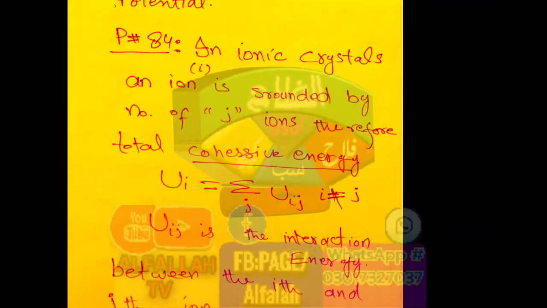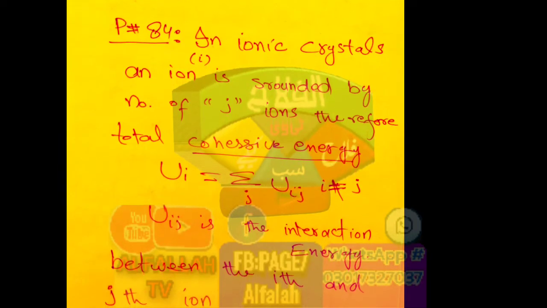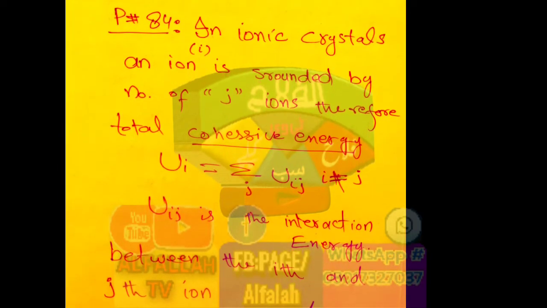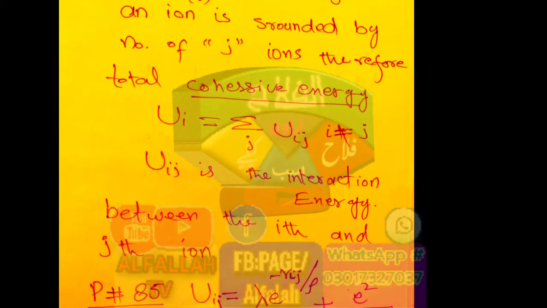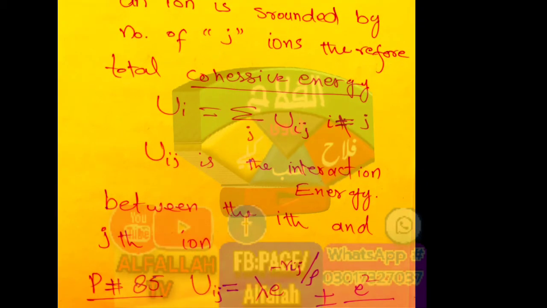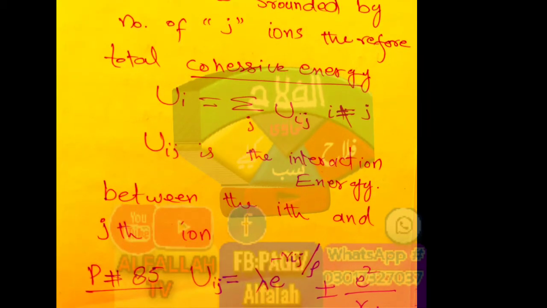Number 84, in an ionic crystal, an ion i is surrounded by a number of j ions. Therefore, total cohesive energy Ui is equal to sigma over j of Uij, where i is not equal to j. Uij is the interaction energy between the ith and jth ion.